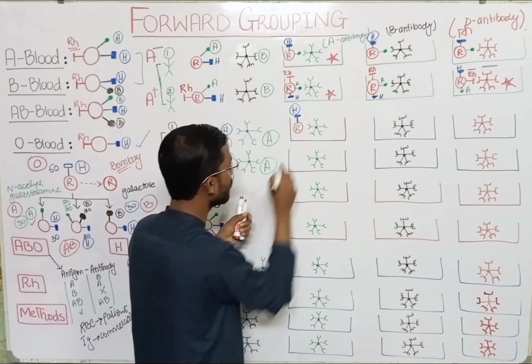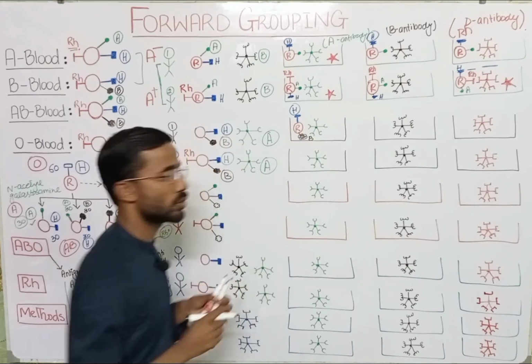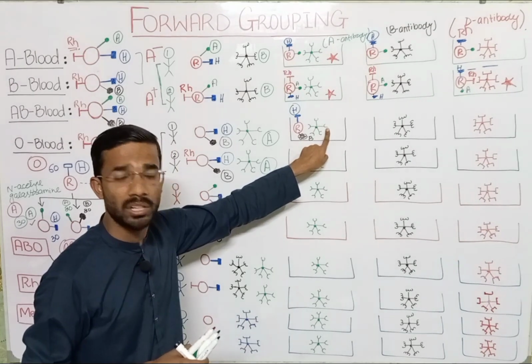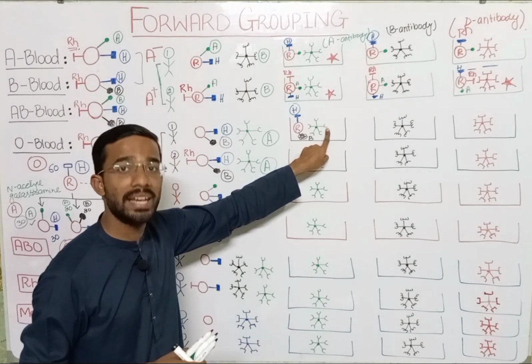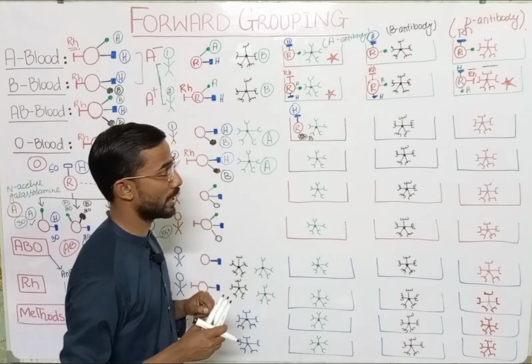You also see the B antigen. So can B antigen react with the A antibodies? No, they are opposite. They can exist together, but move towards the next case.